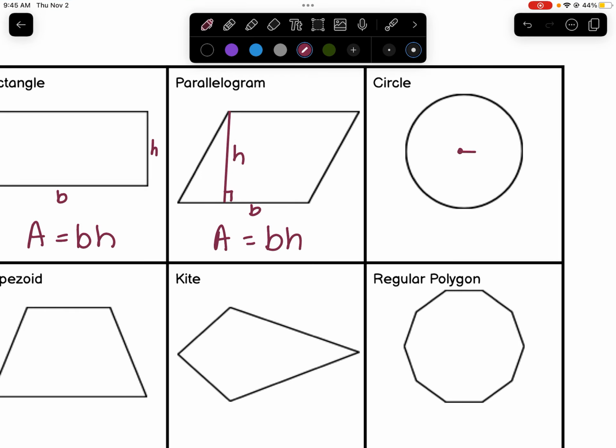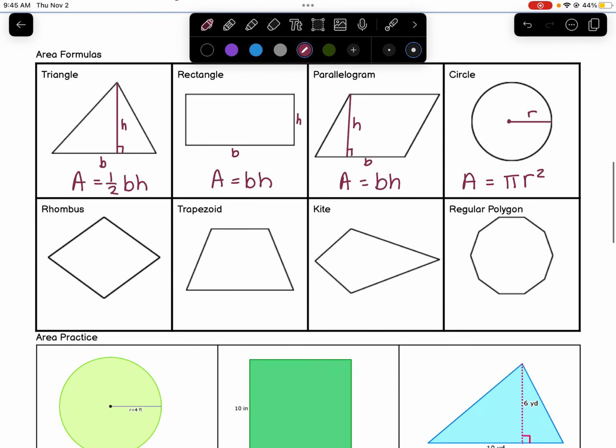Area of a circle is pi radius squared. Area of a rhombus, we discovered the other day, is 1/2 diagonal 1 times diagonal 2.